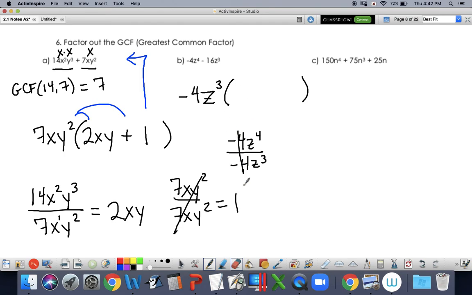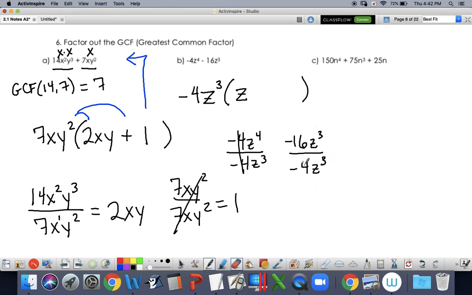Well, my negative 4's cancel out. Those are just a 1. And then z to the fourth divided by z cubed means I have a z left over. Same thing for my next term, negative 16z cubed, divided by negative 4z cubed. So I have to see, all right, what is left over here?